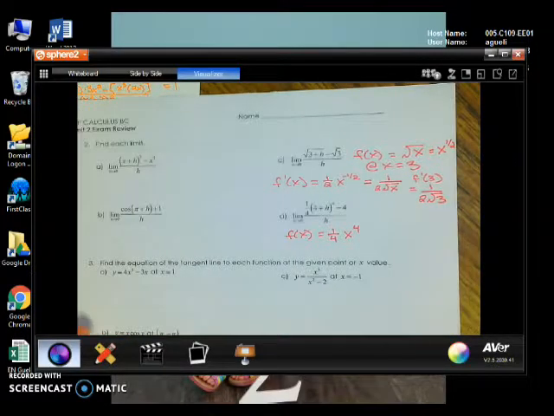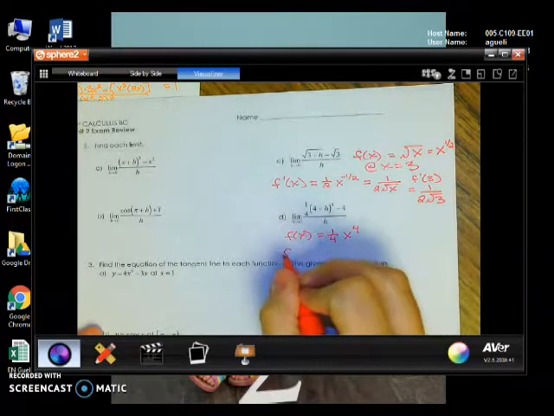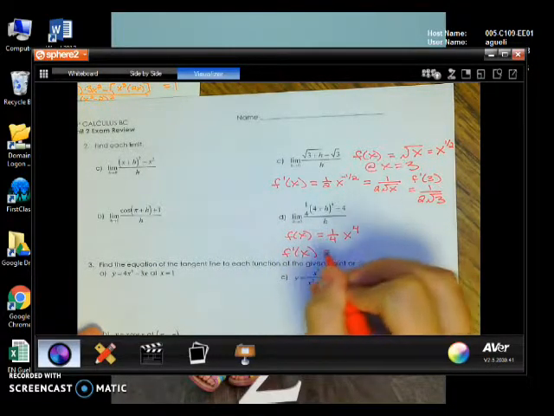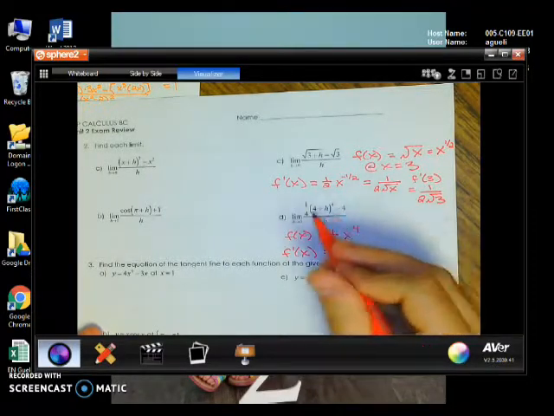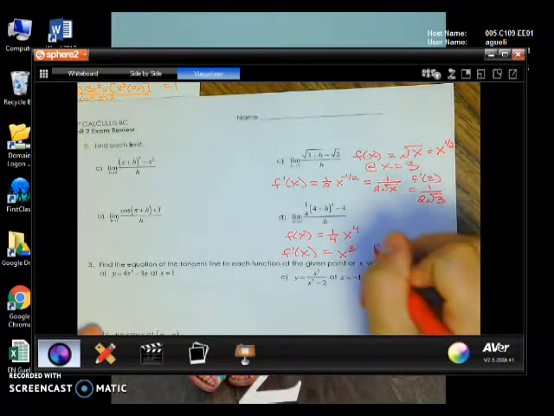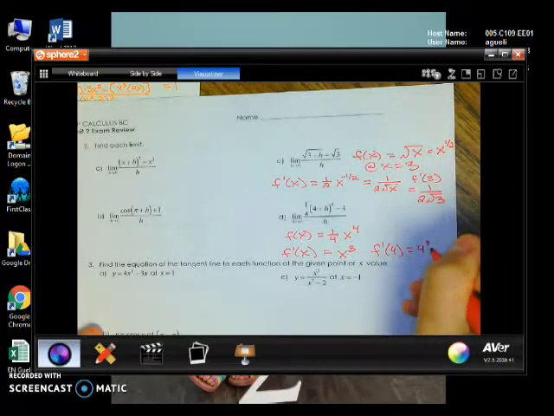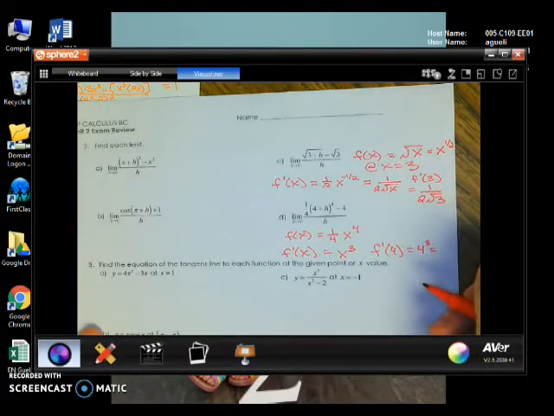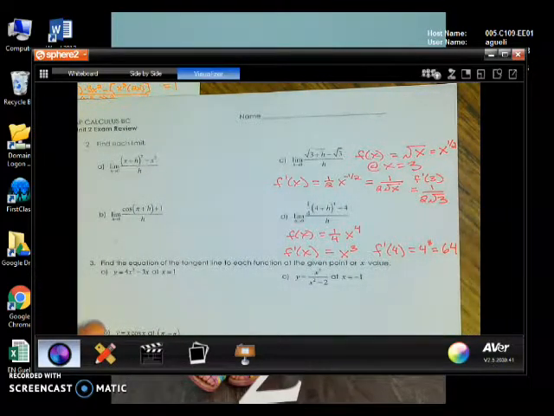And here they are asking you to plug in a 4 into the derivative, so just take the derivative. And so that's just going to be 4 times the 4th is 1, so it'll just be x cubed. And now we need to evaluate it at 4. So if I plug in a 4 there, the derivative evaluated at 4 is going to be 4 raised to the 3rd power. And 4 raised to the 3rd power is 64. So you're done there. Okay.